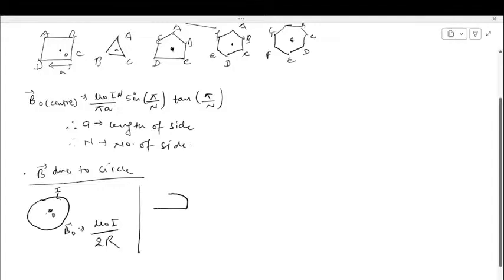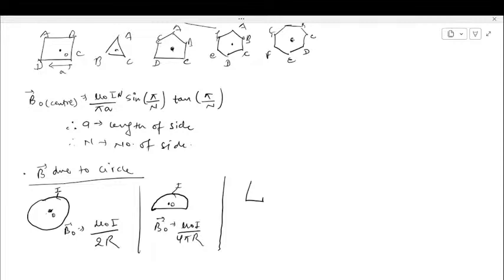If this is a half circle with current I, magnetic field at point O is mu naught I upon 4r. If this is a quarter circle with current I, magnetic field at point O is mu naught I upon 8r. So, mu naught I upon 2r, mu naught I upon 4r, mu naught I upon 8r.